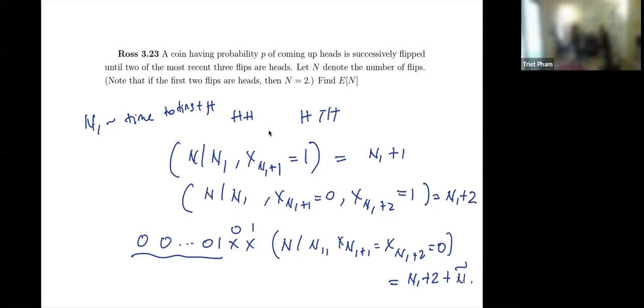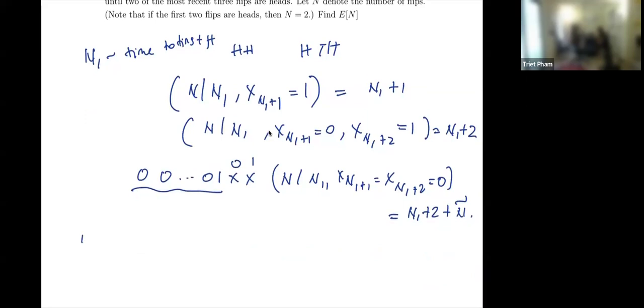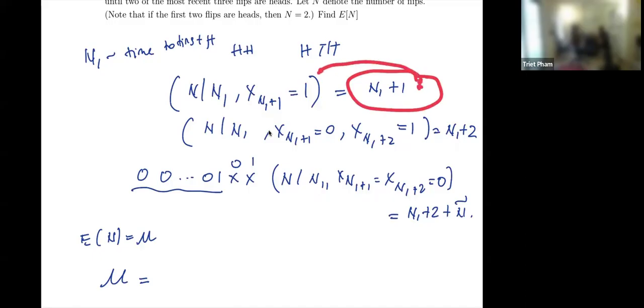So what would the equation be for the expectation of N? Let's call it mu. Let's say expectation of N, let's call it mu. So what's the equation for mu? This happens with probability p.